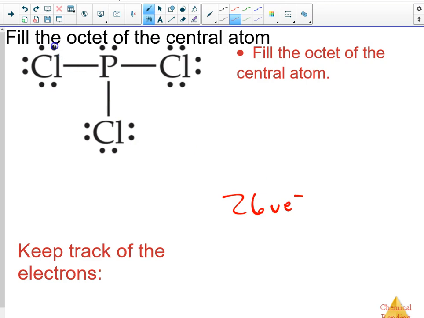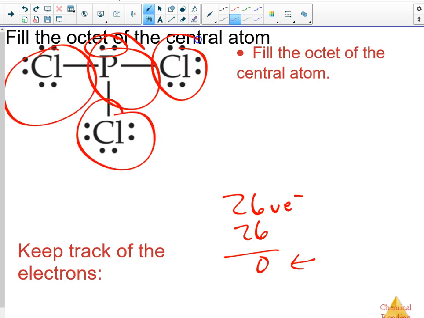We used 2, 4, 6, 8, 2, 4, 6, 8, 2, 4, 6, 8. That was 24 plus 2 more. That's 26. So I do not have any electrons left. That's a super good sign. If I can get to 0 and every single thing has a full octet, then life has been fantastic. I'm done.